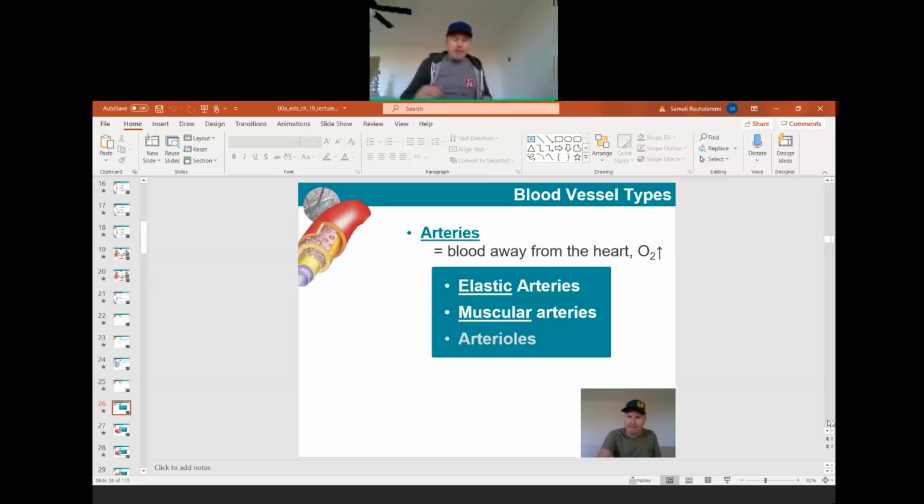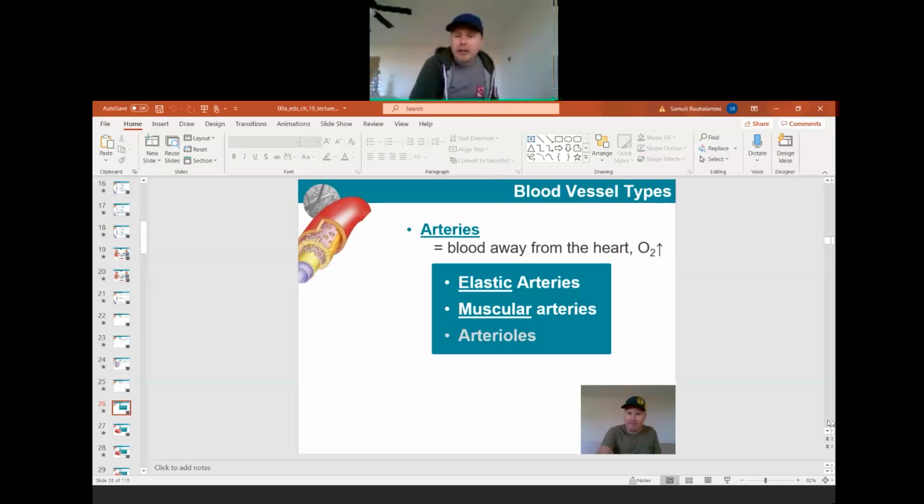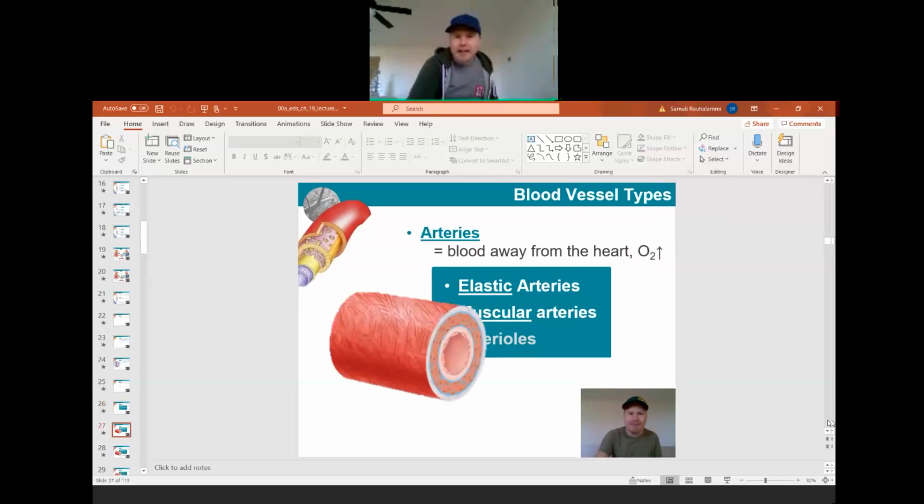And elastic arteries have, let me just see, do I have a better slide? There's a really nice picture of elastic artery. So they have a very, very thick wall. The lumen, so the center part, facilitates the flow. So there's very little resistance for this flow, but they don't really deal with the passage of the blood through these elastic arteries.